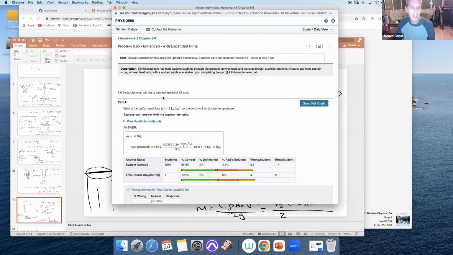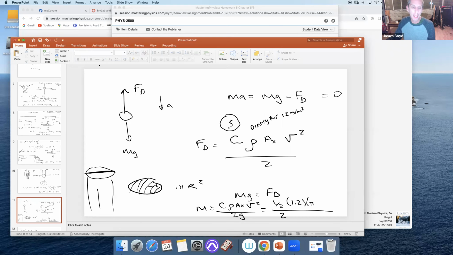Now we were given the diameter in centimeters. Diameter is 0.065 meters. Half the diameter is the radius. So pi r squared is actually pi d squared over 4. Plug in d over 2 here and square it.